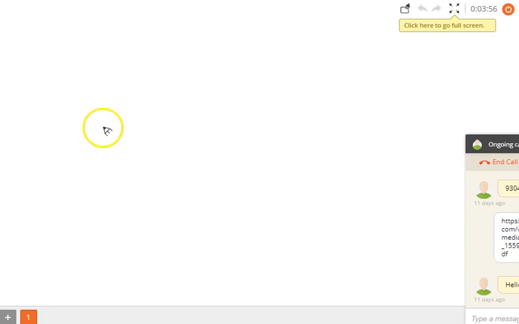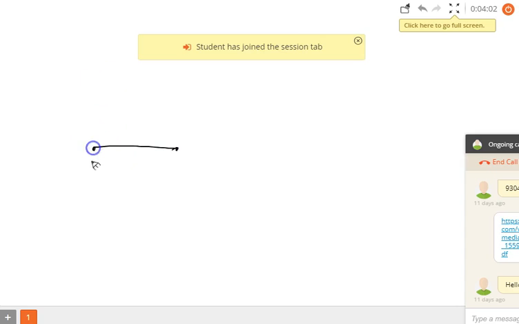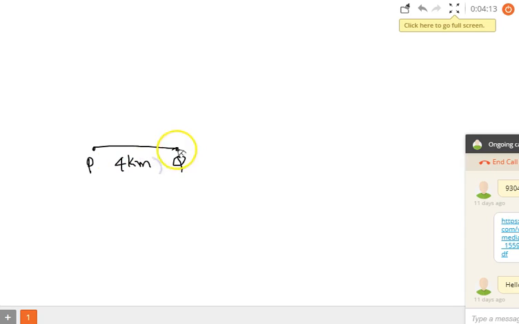Now see the board. P to Q, what is the distance? It is 4 kilometers. Perpendicular he turned, how many kilometers? 3 kilometers.